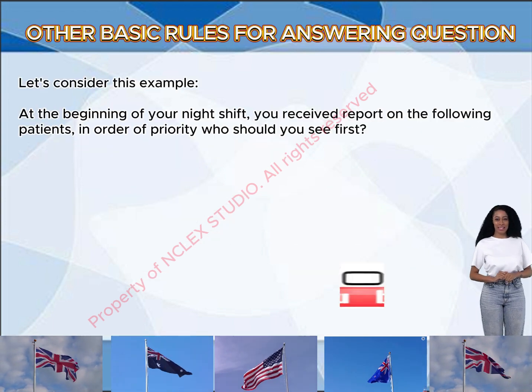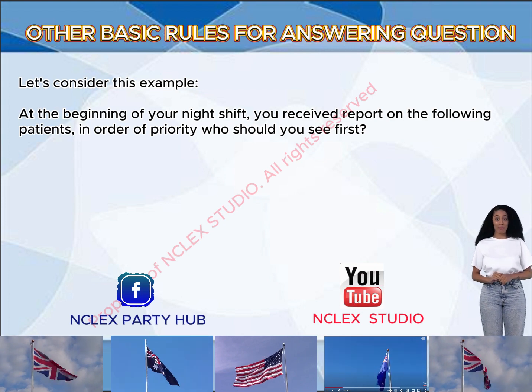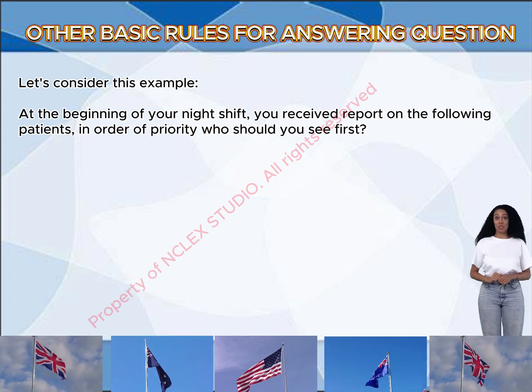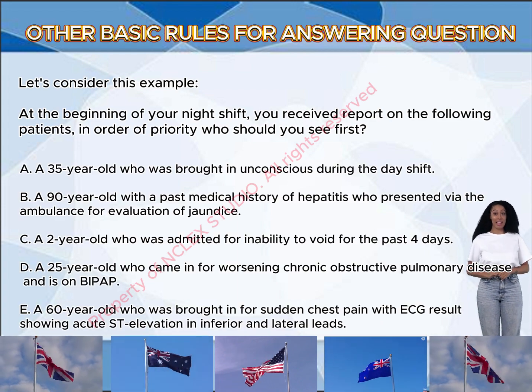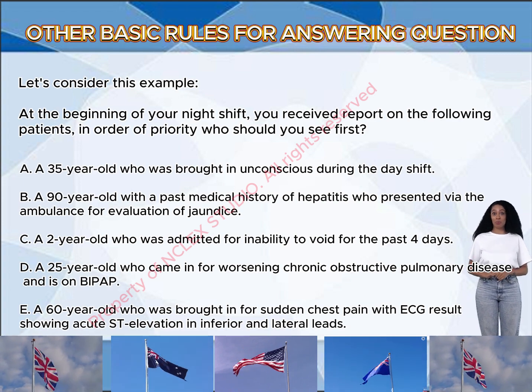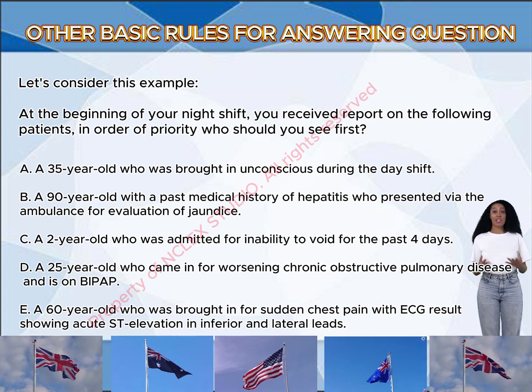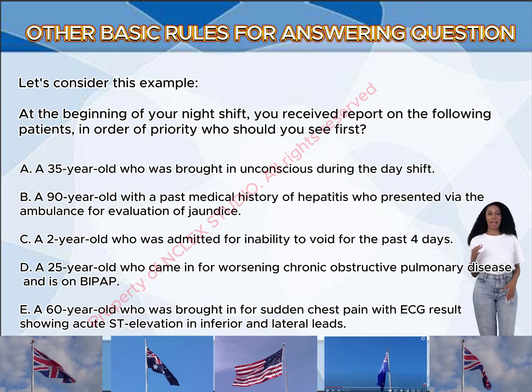Let's consider this example. At the beginning of your night shift, you receive report on the following patients. In order of priority, who should you see first? A, a 35-year-old who was brought in unconscious during the day shift. B, a 90-year-old with a past medical history of hepatitis who presented via ambulance for evaluation of jaundice. C, a 2-year-old who was admitted for inability to void for the past 4 days.